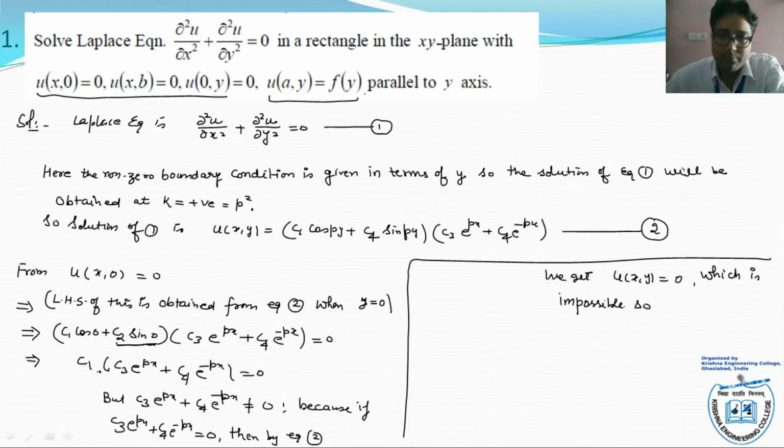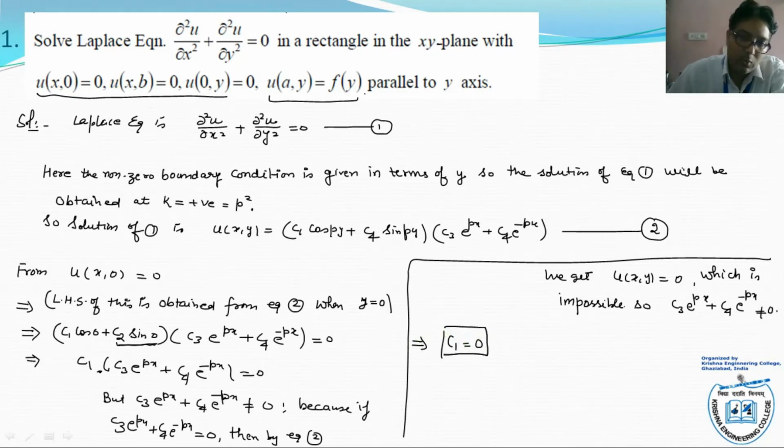So c3 e to the power px plus c4 e to the power minus px will never be 0. So the only possibility is that c1 is equal to 0, right? c1 is equal to 0. This is the argument. There is no need to write this in the examination, clear? So we get clearly c1 is equal to 0.